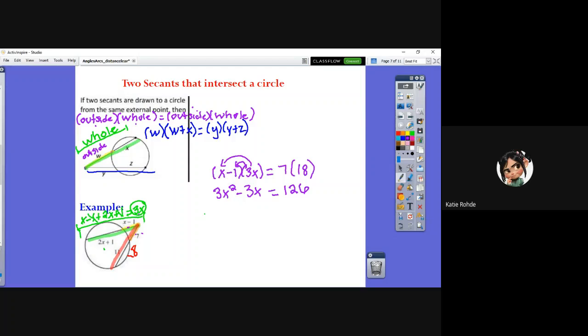So in order to solve this, since we do have an x and an x, we can't combine those because this is an x squared and that one's an x. We're going to bring the 126 to the other side. So we have 3x squared minus 3x minus 126. It still equals something. It doesn't just go away. It equals 0. We're left with nothing on the other side.